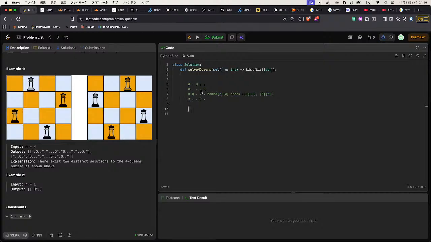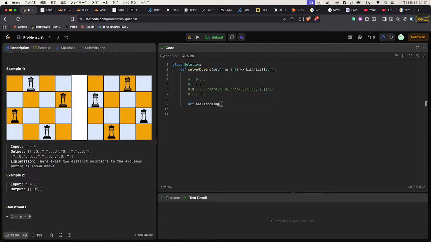So I think we can solve this problem by DFS, depth first, or backtracking. Because if the path is not good, we have to go back to some point and restart to explore the path. So backtracking works here.